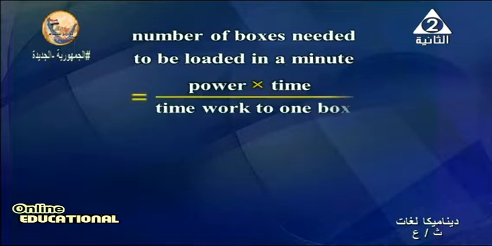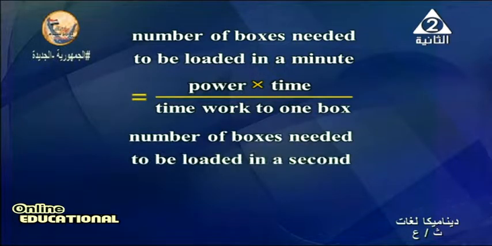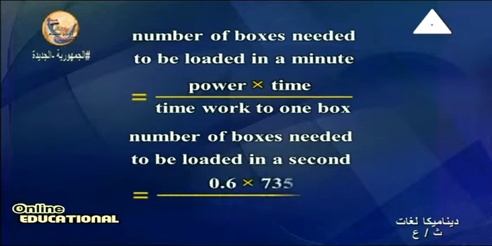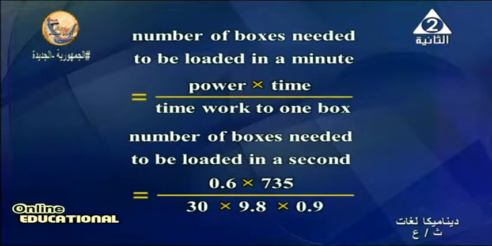What is the number of boxes needed to be loaded in 1 minute? It equals power times time over the work for 1 box. Power is 0.6 horse times 735, over 30 times 9.8 times 0.9, in 1 second. But we have 60 seconds because 1 minute equals 60 seconds.